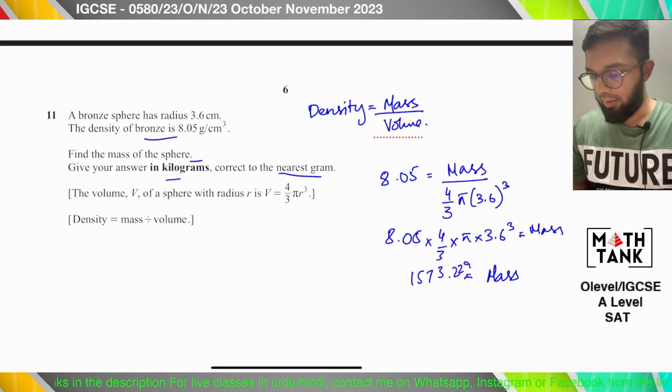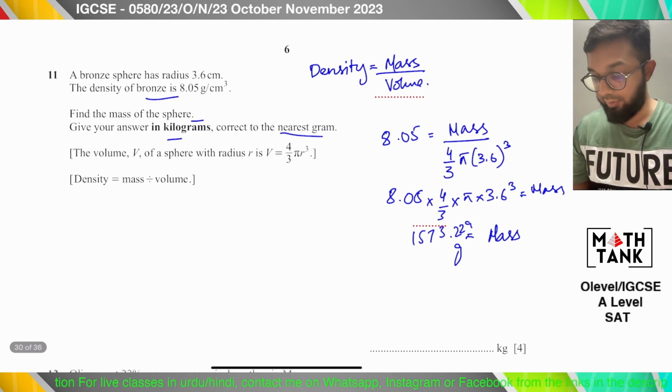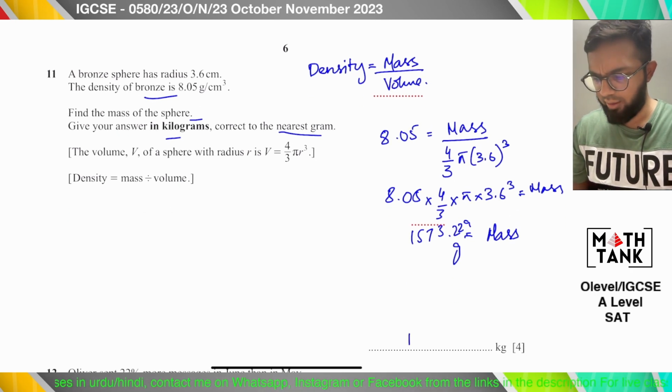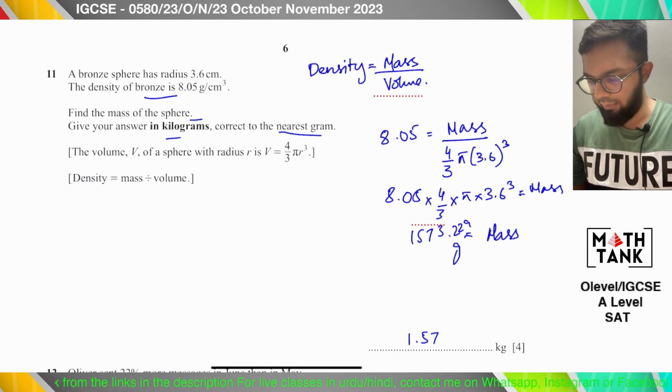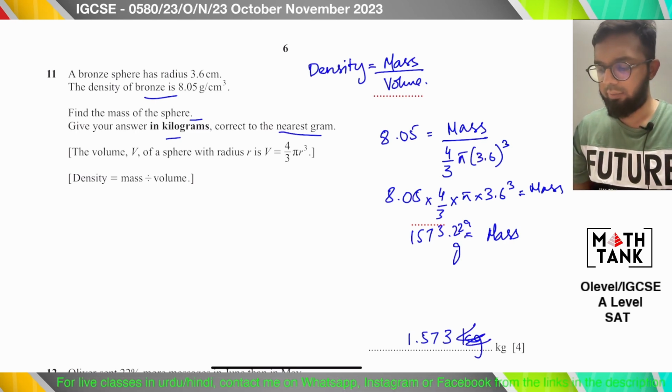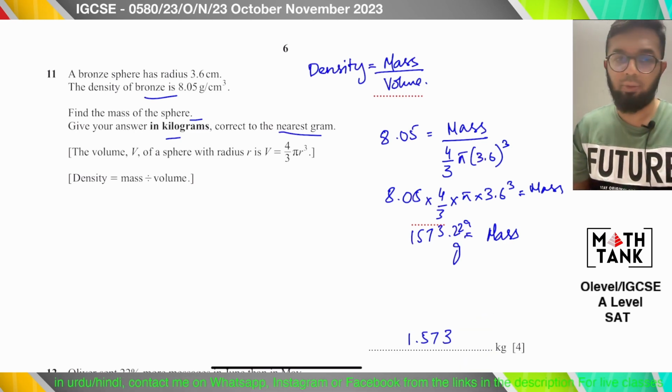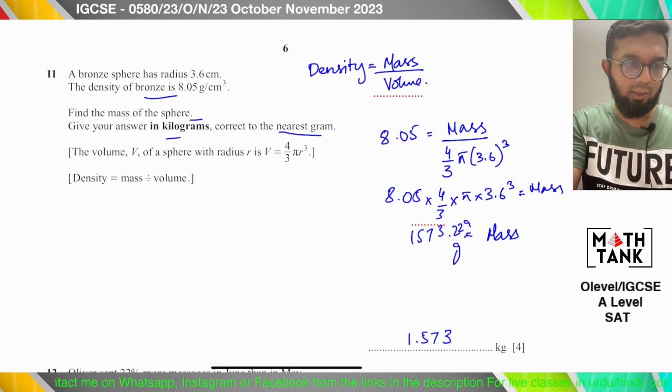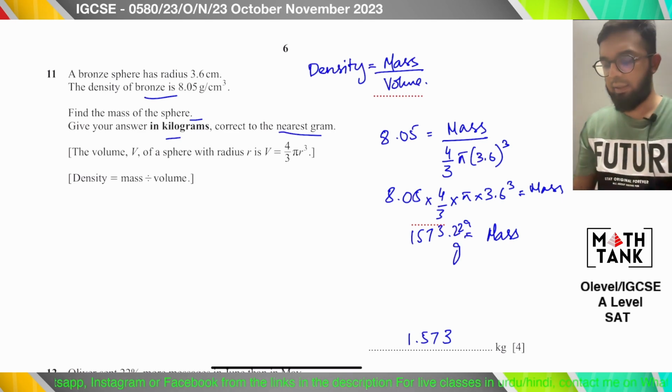Convert that into kilograms because this is grams. So divide by 1,000, I get 1.57 kgs. It says nearest gram, so I'm going to say 1.573 kgs. Okay, it is already written there, so I should write that again. Yes, that is the correct answer.